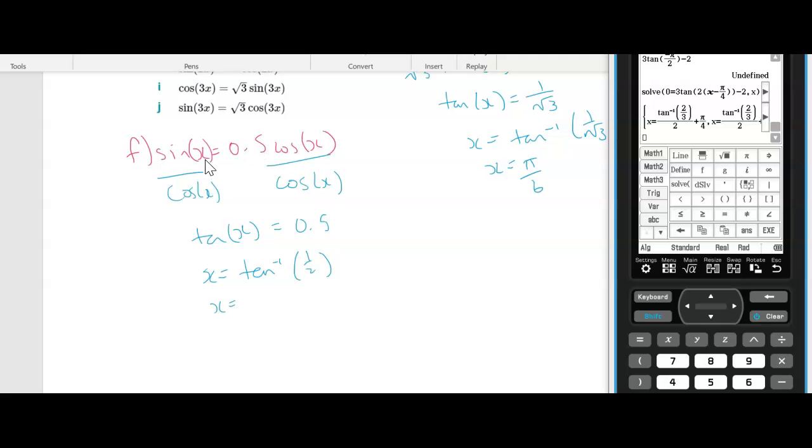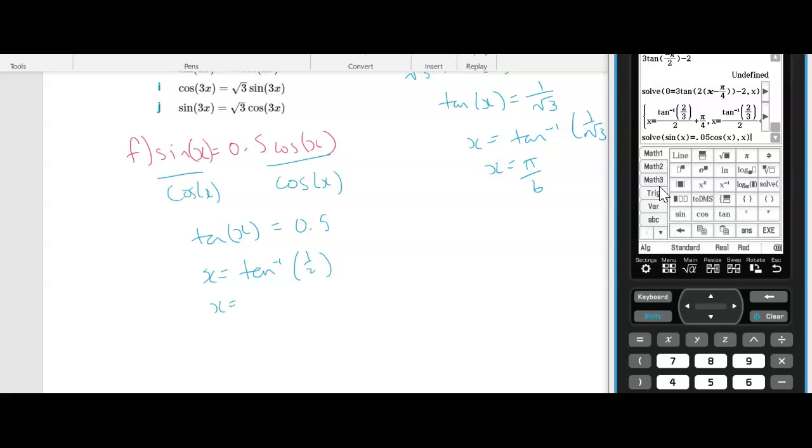So you can just do it from the beginning. You don't have to set up the equation like that to put it into your calculator. So sine x is equal to 0.5 cos x, and we're solving for x, so comma x. And we do have to restrict the domain.